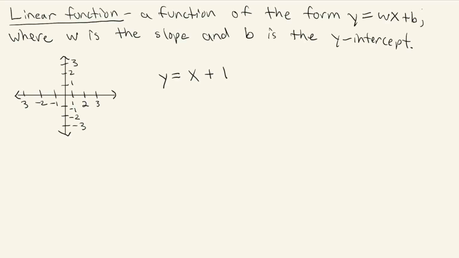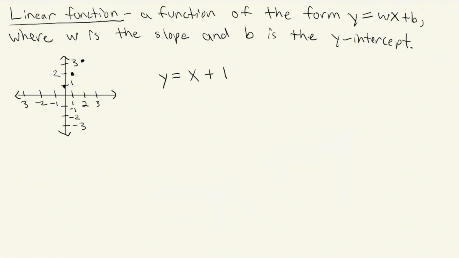Just to quickly walk through this, when x equals 1, 1 plus 1 is 2, so y equals 2. Draw a point here. When x equals 2, y is 3. Then let's do a few in the other direction too. When x equals 0, y equals 1.